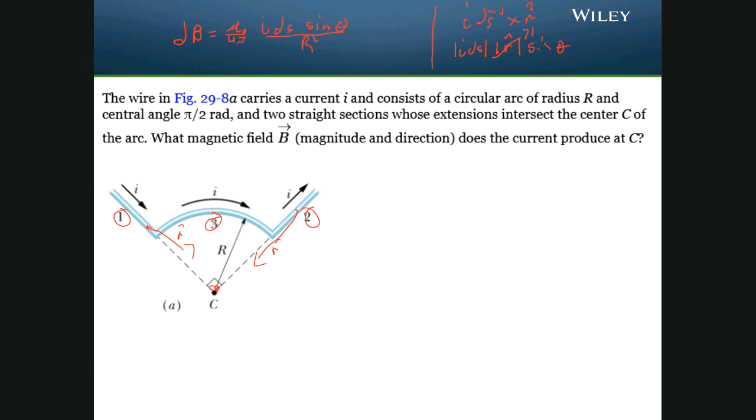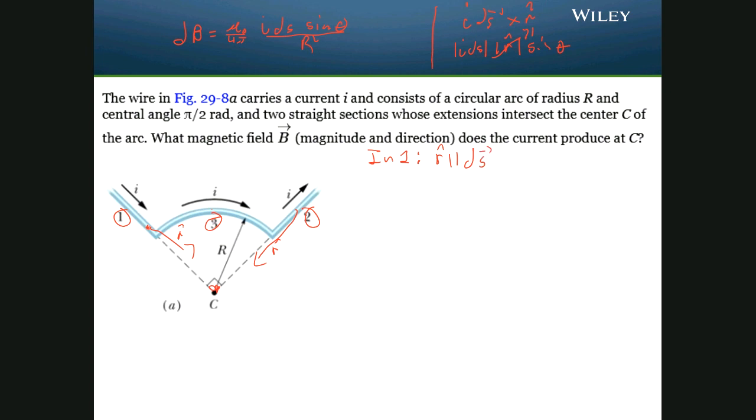So in section 1, the r hat vector is parallel with the ds vector.